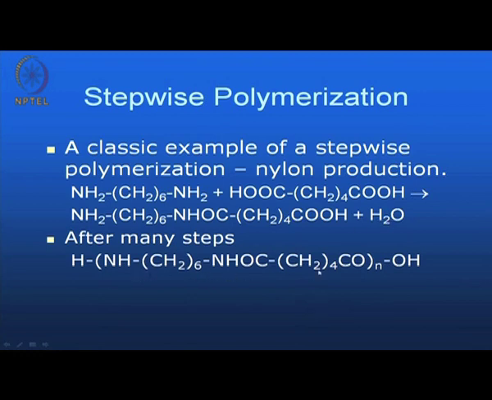It will be n number of this whole unit, of which on one side there will be NH2 and on the other side there will be COOH. This side is called the carboxy terminus, and this side is the amino terminus.